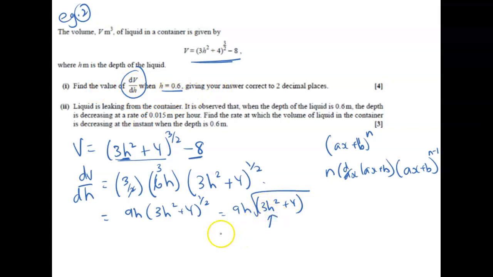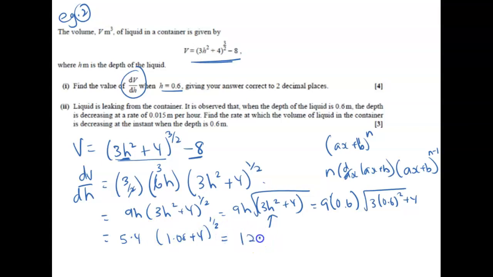So I put 0.6 in: 9 times 0.6, times the square root of 3 times 0.6² + 4, and simplifying this ends up being 12.17. So that is the answer for my first part.